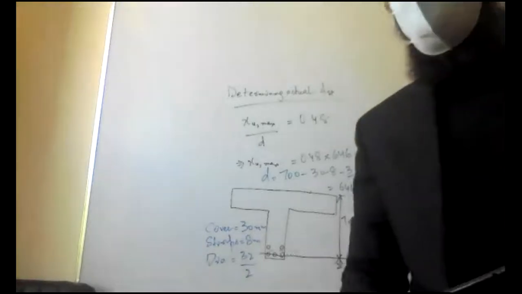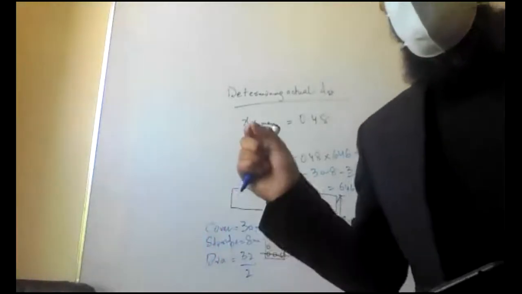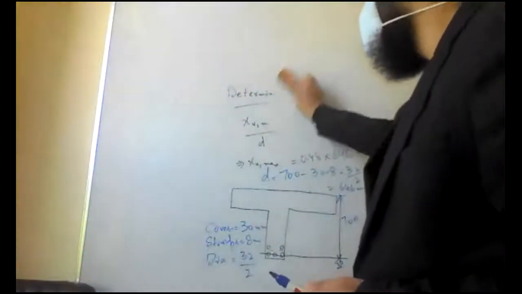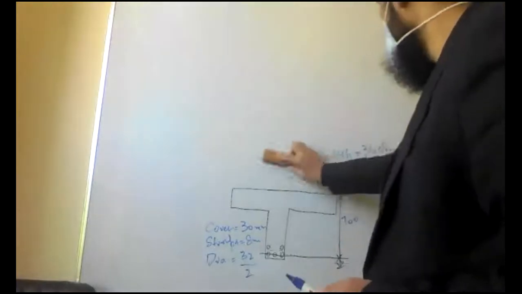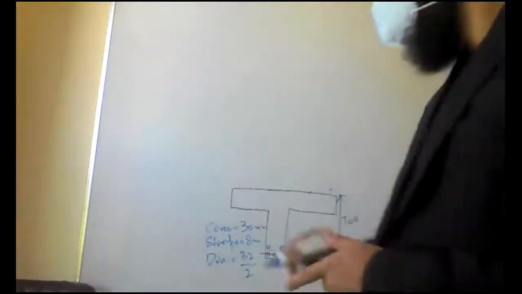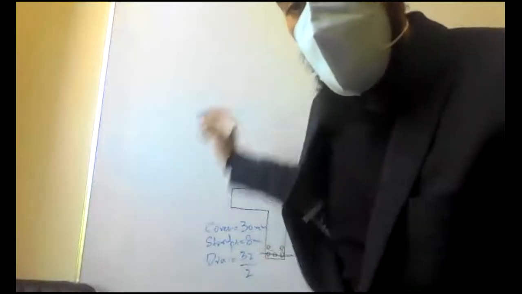Now we have the value of XU max. Now, why is XU max required? If you check the code, what we did last time, there you had a clause. Just a minute, I will open the code.